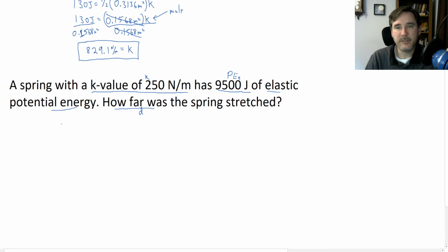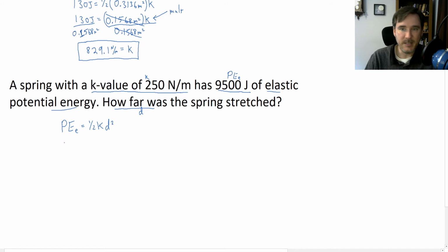So because we're dealing with springs, we're going to end up using the equation PE is equal to 1/2 kd squared again. Now you could rearrange this ahead of time to solve for distance, but we're just starting out a little bit, and so we're going to plug in the numbers and solve for the variable that's unsolved.